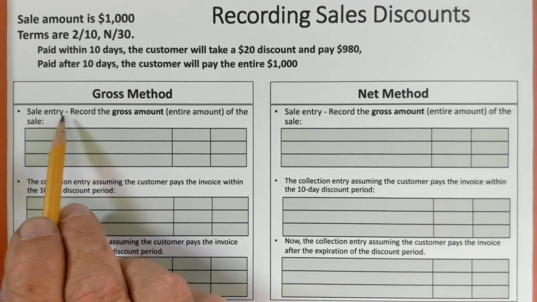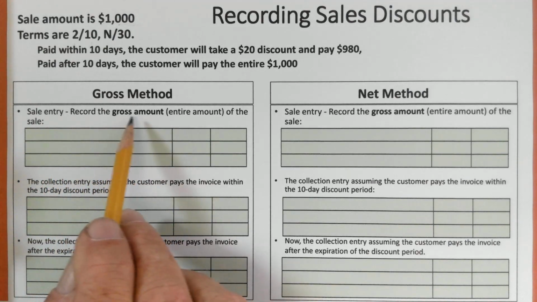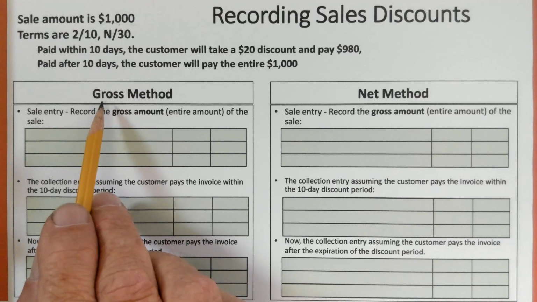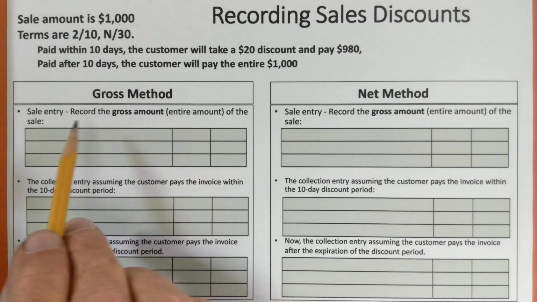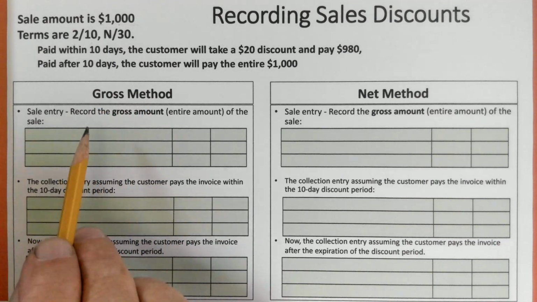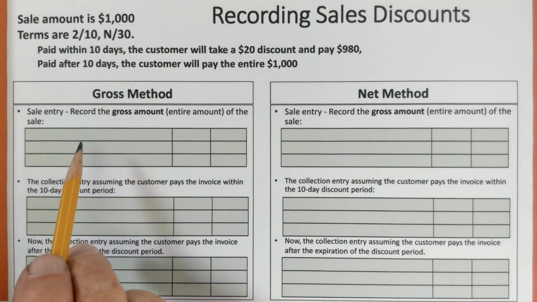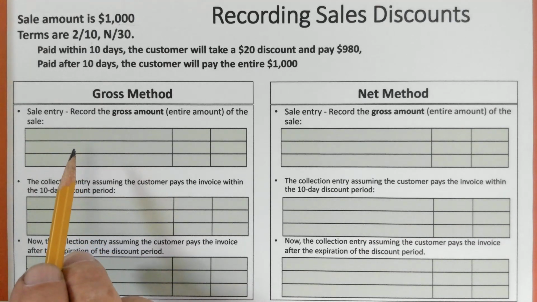So let's record the sale entry, and when we do, under what's called the gross method, we record what would be considered the gross amount of the invoice, the whole amount of the invoice.